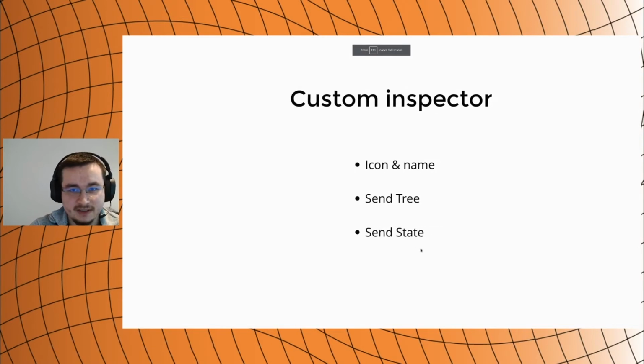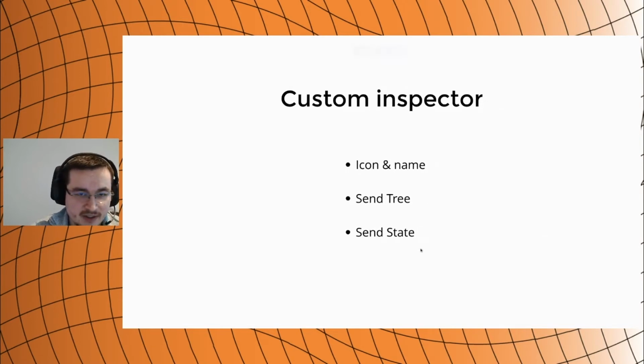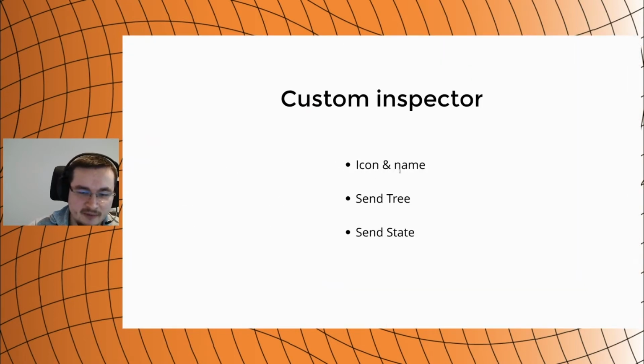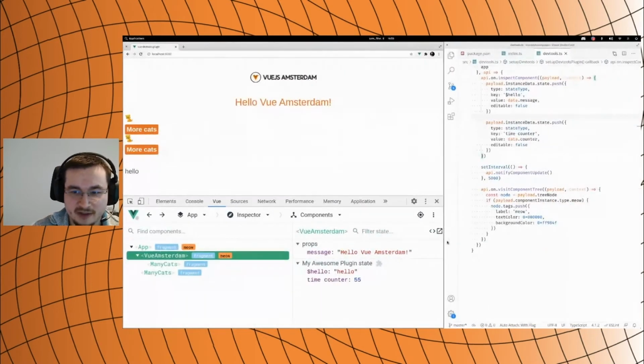Okay, so going next to the custom inspector. You can use this to create a new inspector under this menu here, under components. You can put an icon on name, and then you can set tree information and set information to your custom inspector. So let's try a very simple custom inspector.